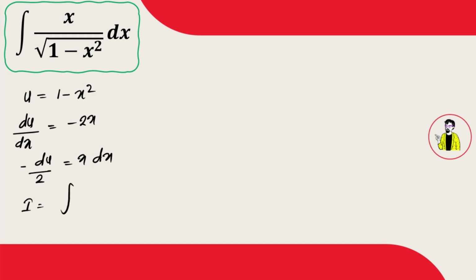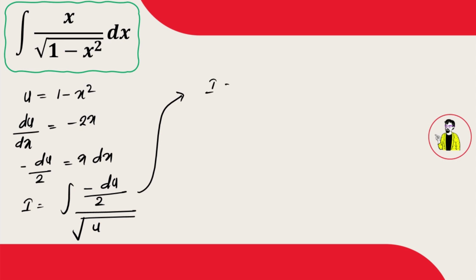For the x dx we can write minus du over 2, and you have the square root here. This you can write as u. So I equals minus half integral du over square root u.